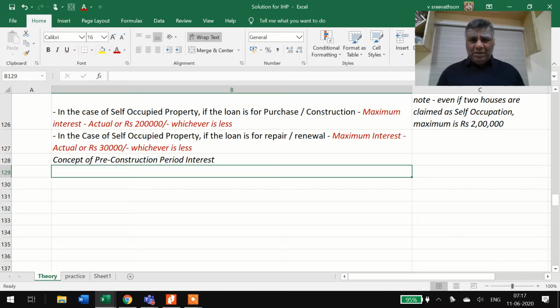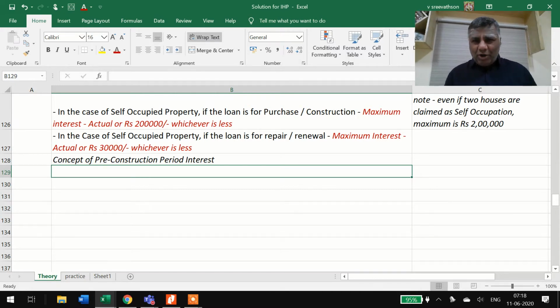So let us take, I got the loan in 2017-18, but the property was handed over in 2019-20. Will the bank charge interest in 17-18? Obviously, yes. The bank will not say, your construction is not completed, so you need not pay interest.